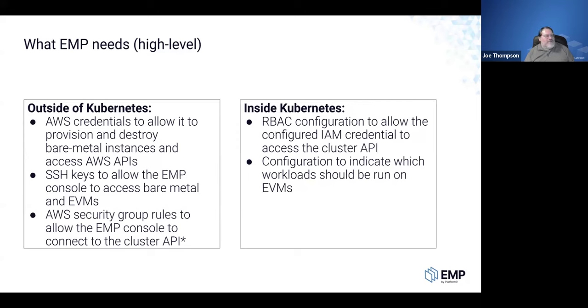And there's also configuration that you can put in. One of the mechanisms that you do need to worry about is a config map. And so that config map tells EMP which workloads you want it to try to scale onto elastic machine pools.